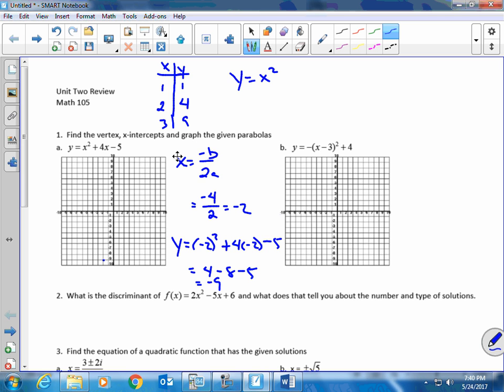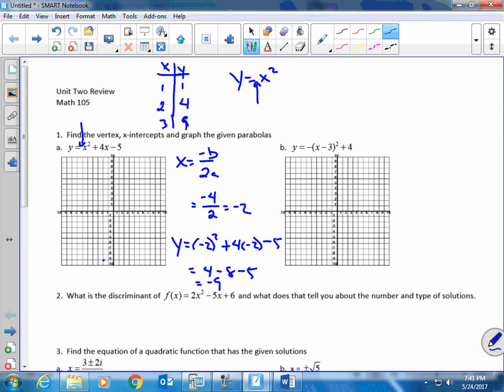Is this equation's graph going to have the same shape or something different? The same pattern or something different? How do I know? The number in front of the x squared. If it's just a 1, just like that one is a 1, they'll have the same shape.